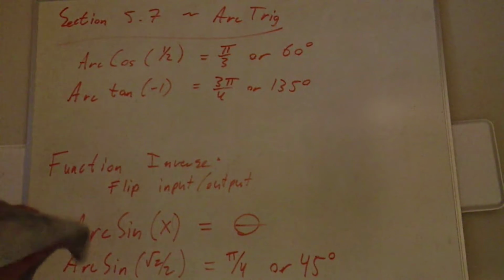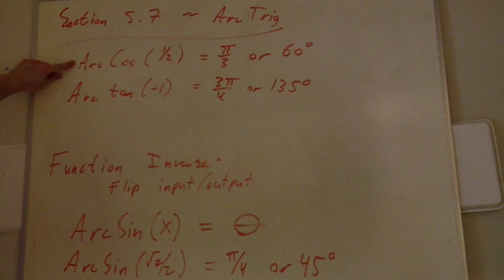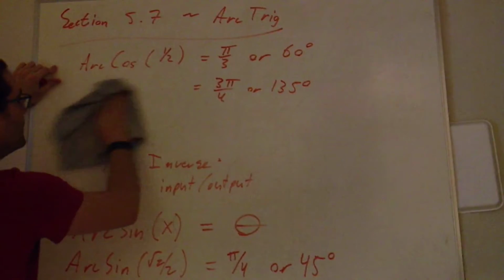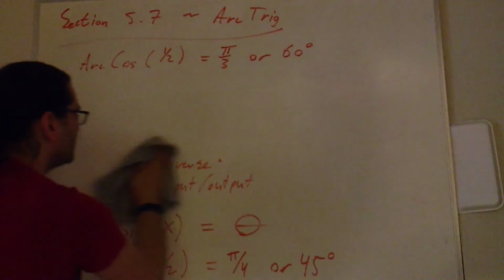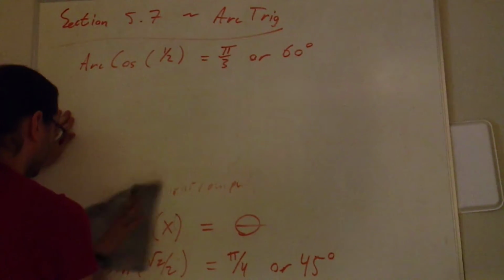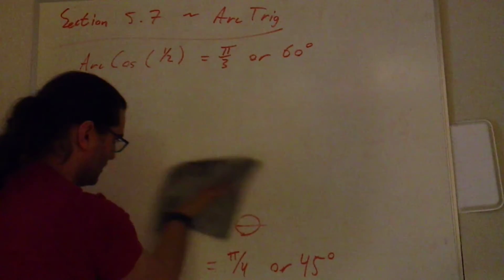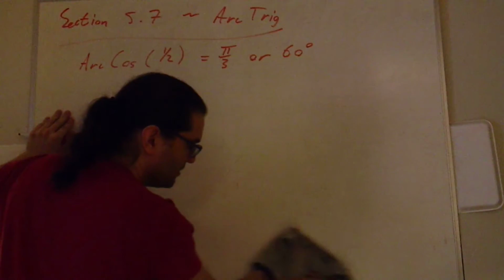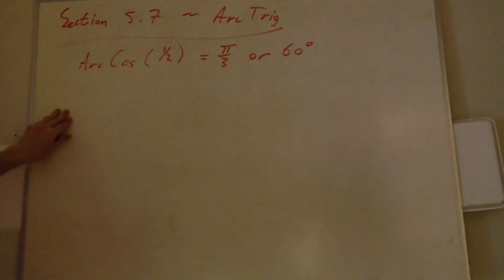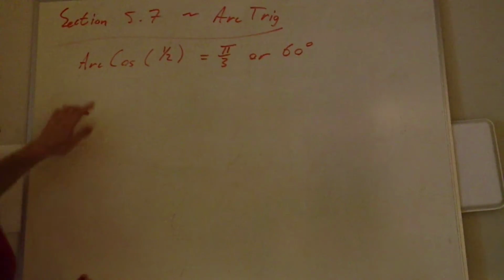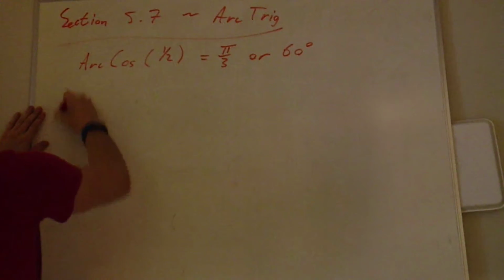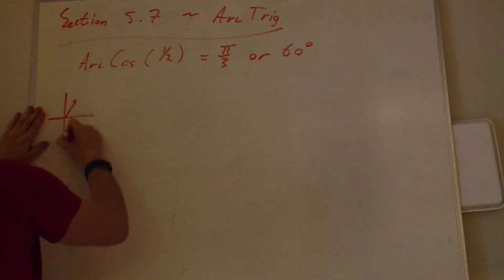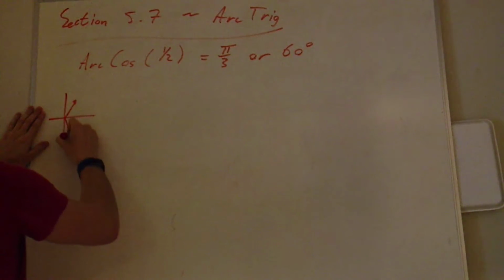I'm going to work with this arc cosine at first, mostly just because it's on top. If I want an x value of 1/2, that means that I either need to be up here or down here.